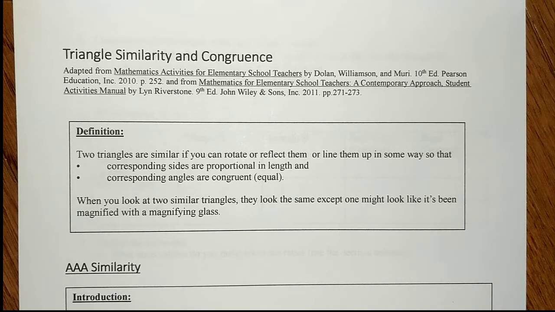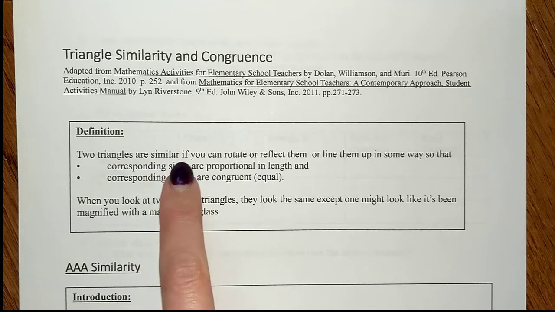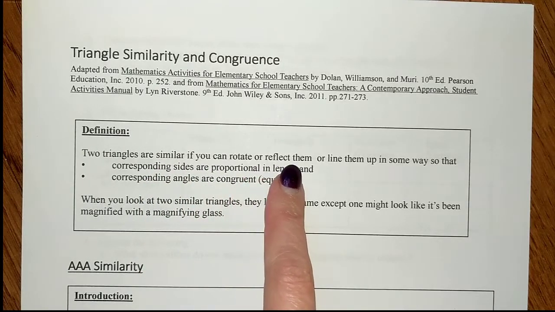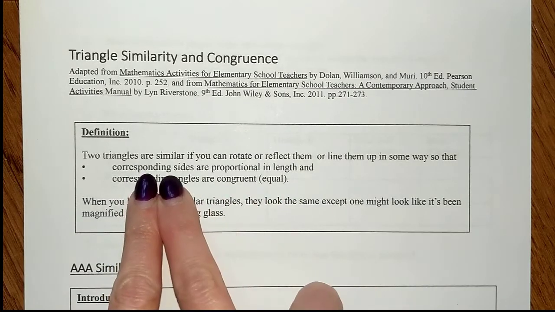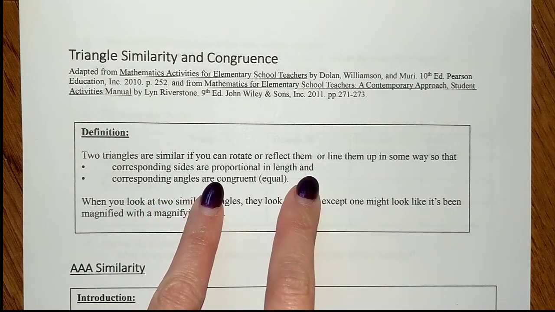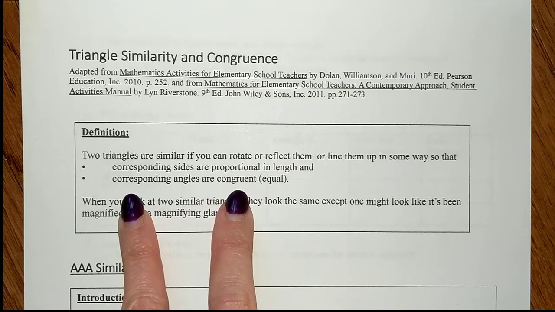Okay, so I want to step us through this activity on similarity primarily. Two triangles are similar if you can rotate them, reflect them, or line them up in some way so that corresponding sides are proportional in length and corresponding angles are congruent.